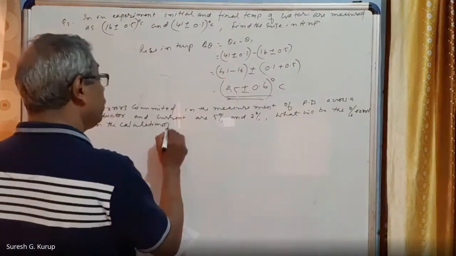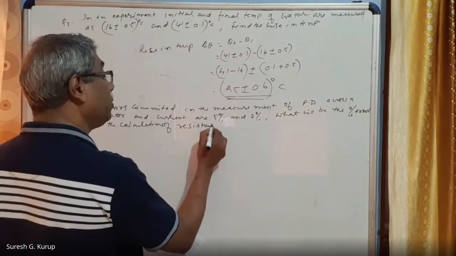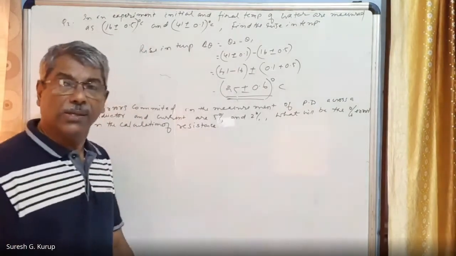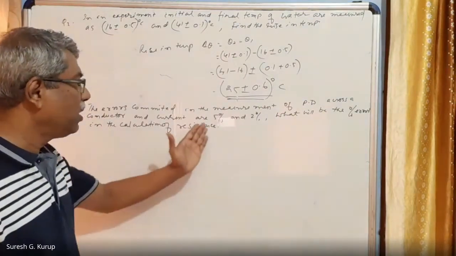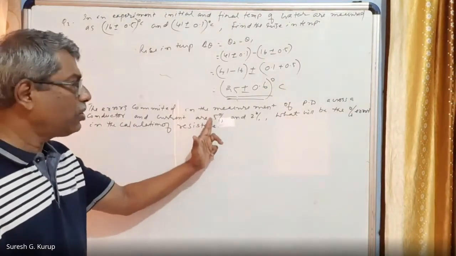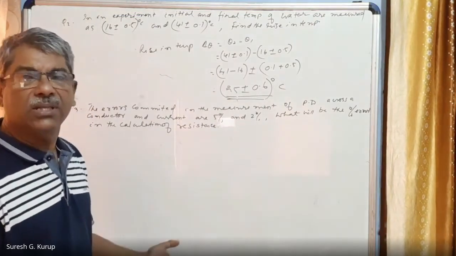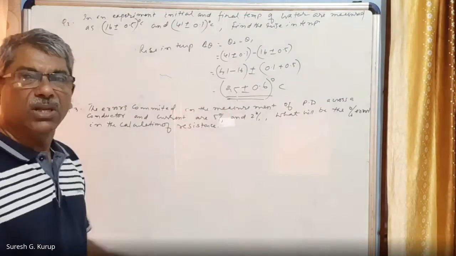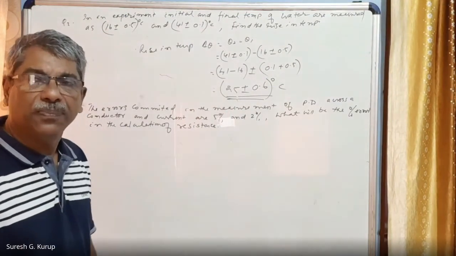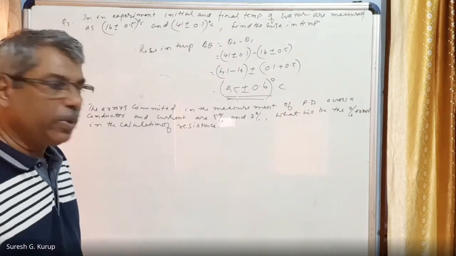Calculation of resistance. So actually we are going to calculate resistance using these values, having percentage errors in the potential difference of 5% and the current as 2%. When you calculate the value of resistance, what will be the total percentage error in the calculation? This is the question. So we know that R is equal to V by I. Everybody knows that.